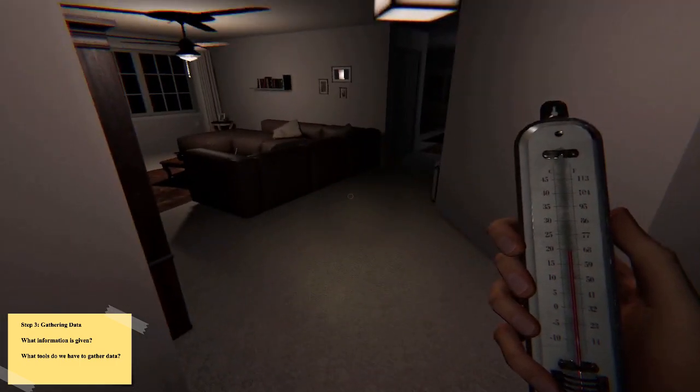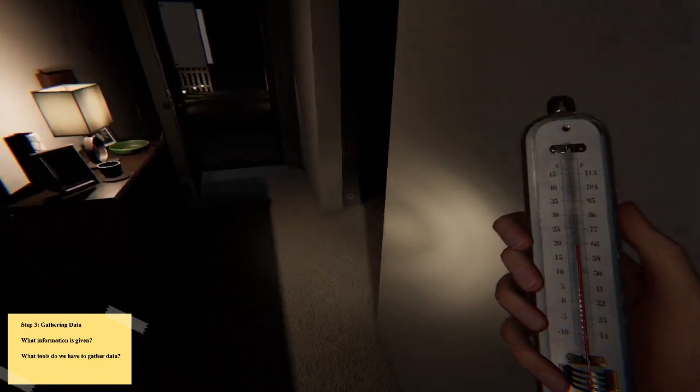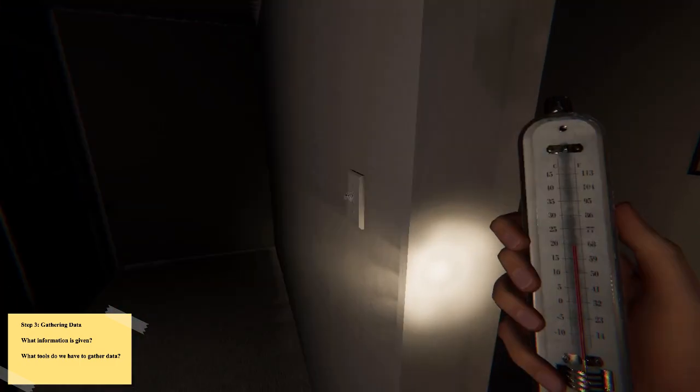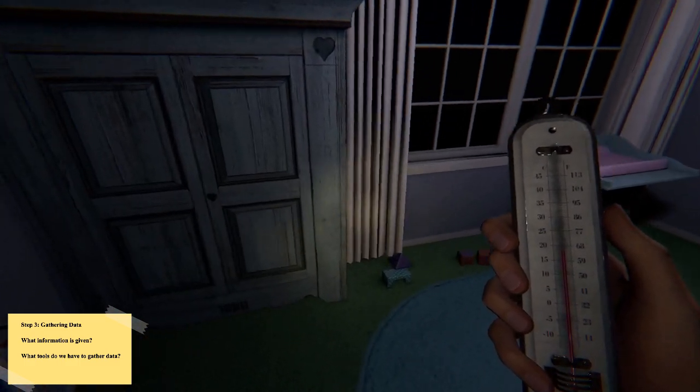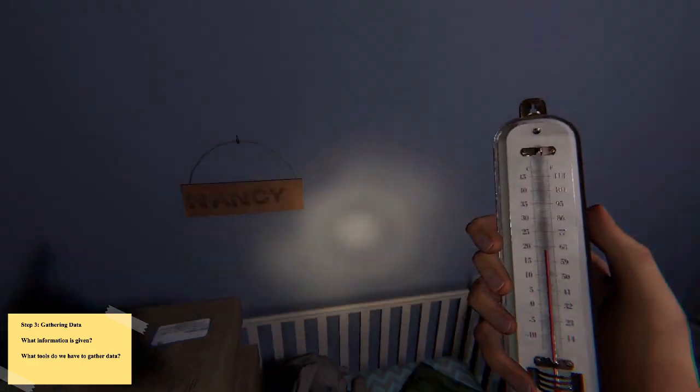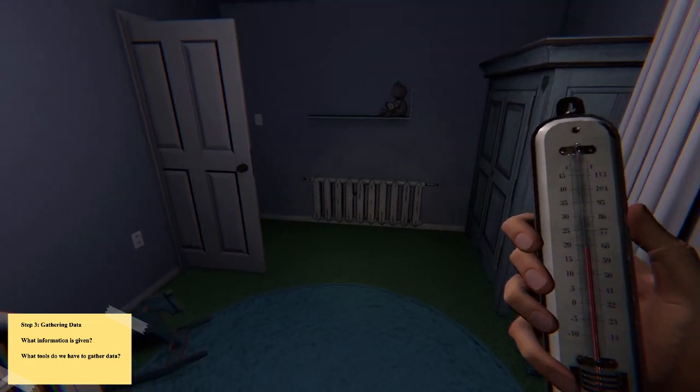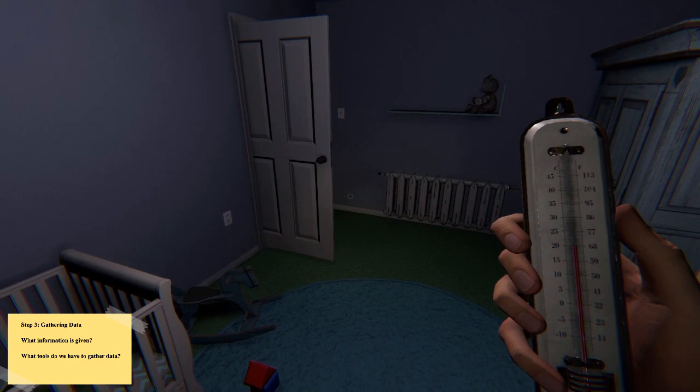Oh, and we're gonna close that door. The reason that I'm closing doors is because the ghost can open them and leave fingerprints. And so it's good to know which doors were open and which doors were closed.